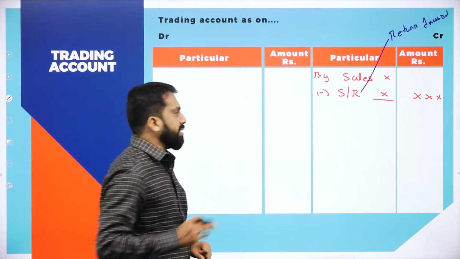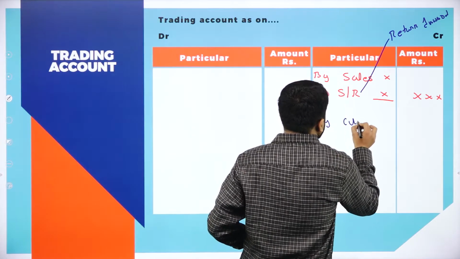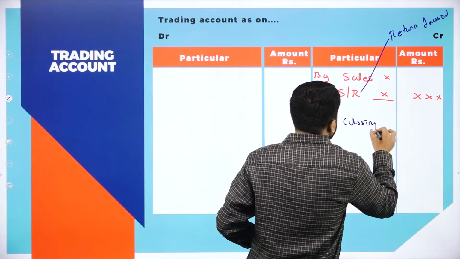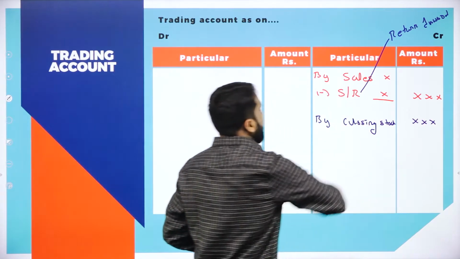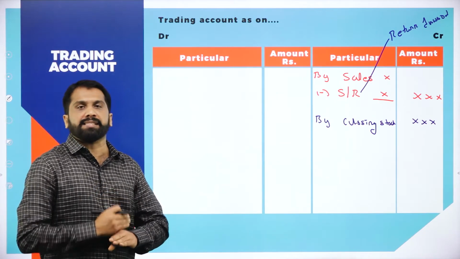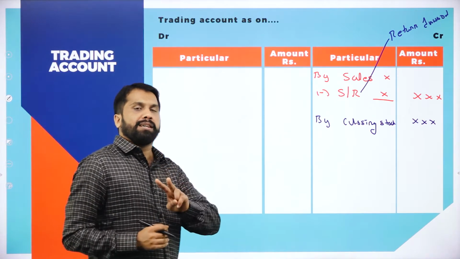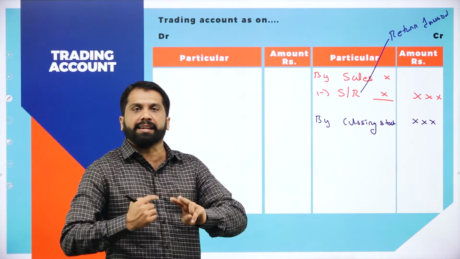What will be the second one? It will be by closing stock. So these are the credit side items. Only two things. Remember, in your question paper, two things you have to write on your credit side.